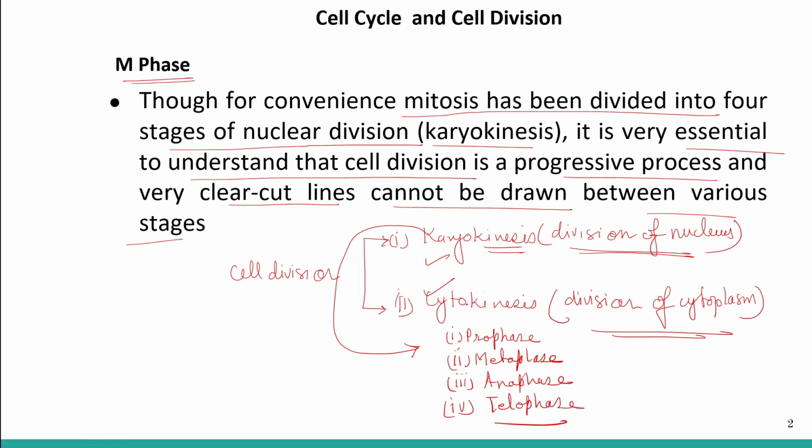So what it is saying is that there is a progressive process and very clear-cut lines. We have a clear-cut line between the prophase and metaphase stage, between the metaphase and anaphase stage, and between the anaphase and the telophase stage.